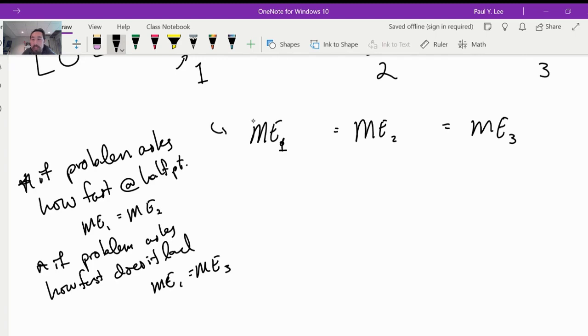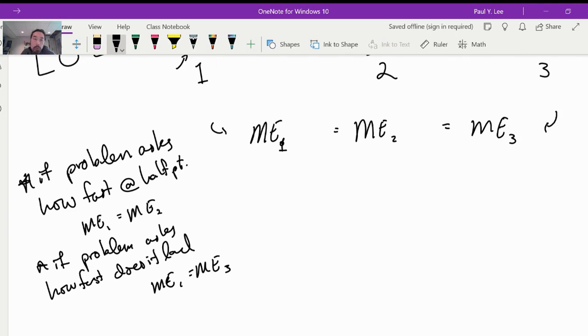So that's why this idea here is so powerful. Based on what the problem is asking, we can look at the specific parts. But what I want you to notice is that we always start off with the initial. ME1 is always going to be your very first part of the formula. And based on different parts of the formula, you can look at either ME2 or ME3 or ME4, 5, 6, 7, 8, whatever the problem asks you to look at.